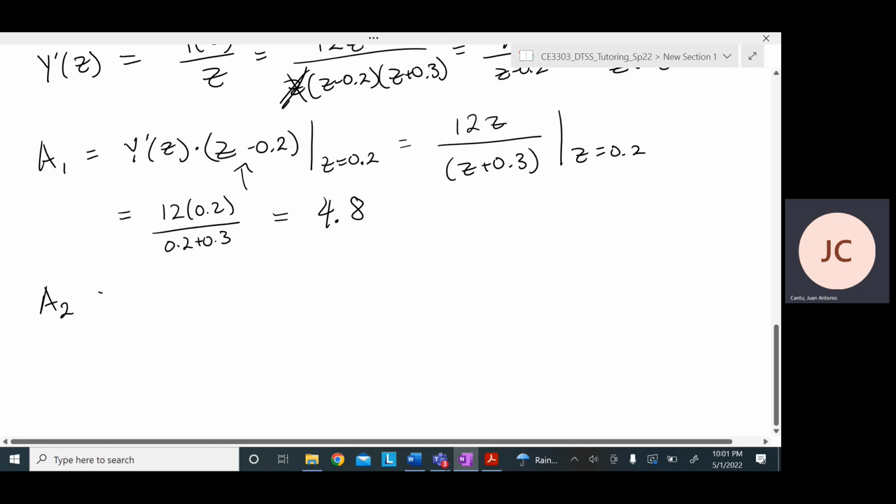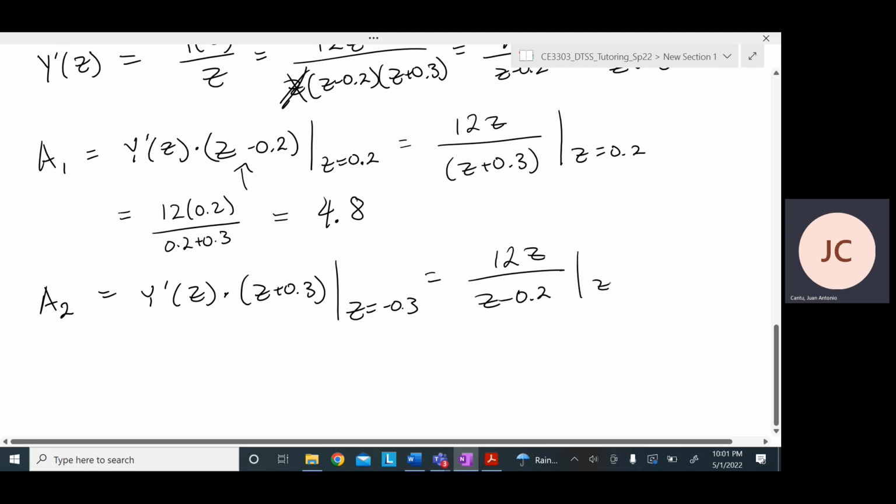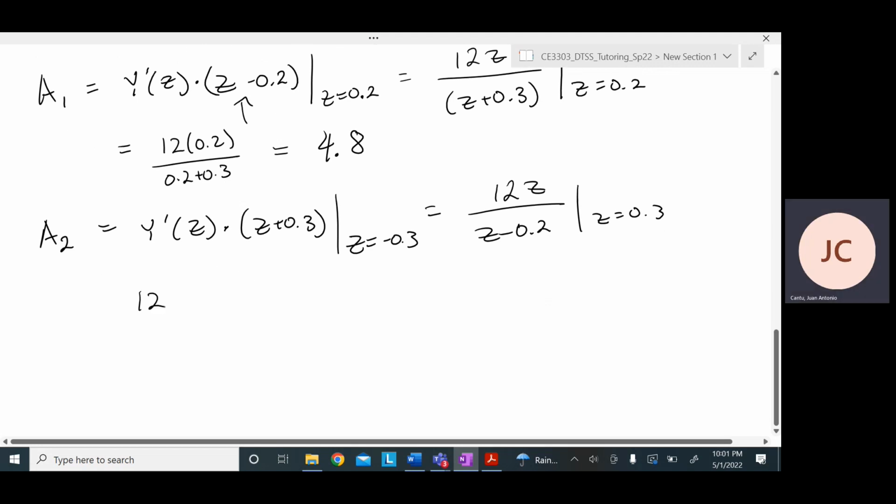Let's do A2. A2 is Y prime of z times z plus 0.3 evaluated at z equal to negative 0.3. That'll get us 12z over z minus 0.2, evaluated at z equal to negative 0.3.